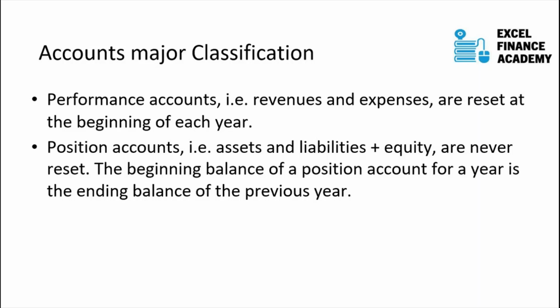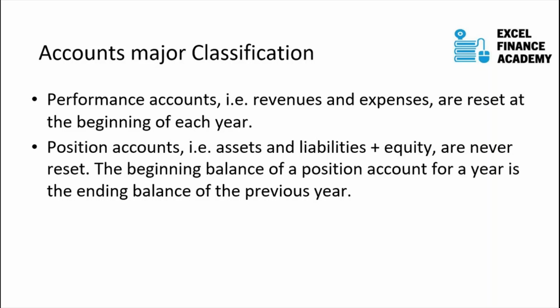The major difference between these two is that performance accounts will finish at the end of the year. Whatever you accumulate will not carry over to the next year. If you have made sales of 100,000 this year, when you start the sales account next year, the counter will be set to 0, so you will always start from 0.